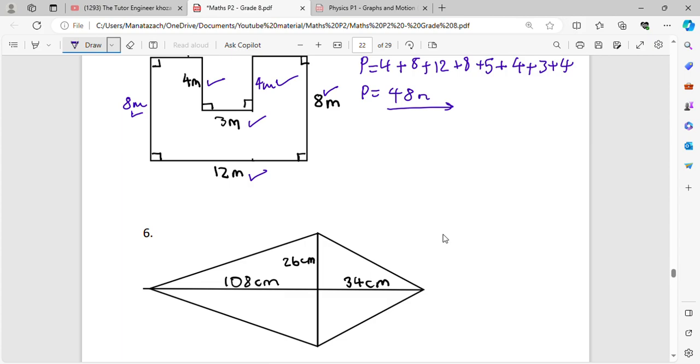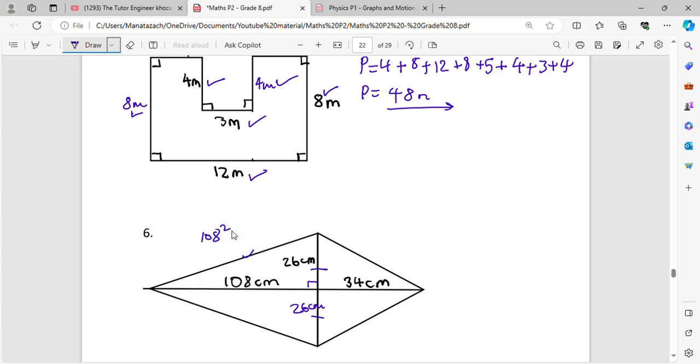Okay, now let's do the second last question, which is a kite. In a kite, these two sides are equal, and then this angle is 90 degrees. So this side will be 26 centimeters. You can work this side out through the theorem of Pythagoras.